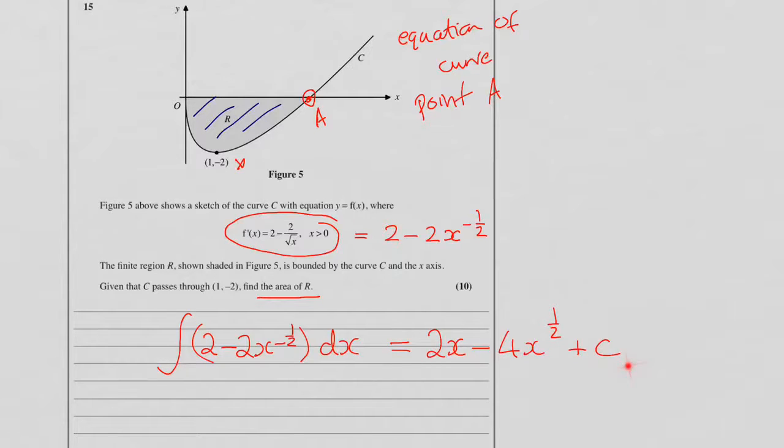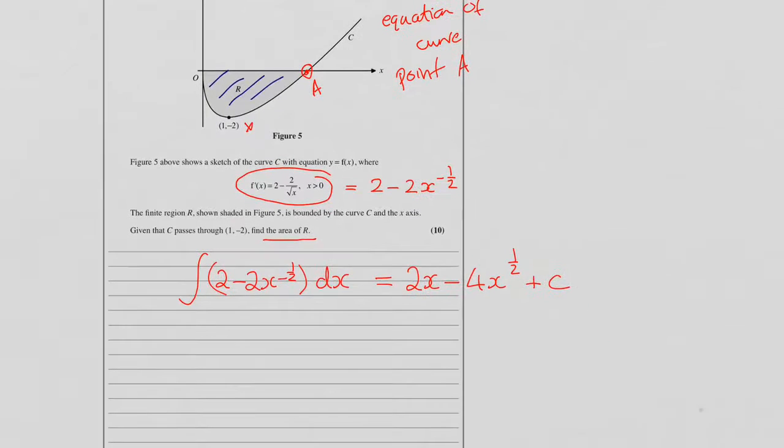Unfortunately, I need to figure out c. Well, they've given me some information to help me find c. They've given me a point on the curve. So the curve goes through (1, minus 2). So f of 1, if I plug 1 into this, that should give me minus 2 out.